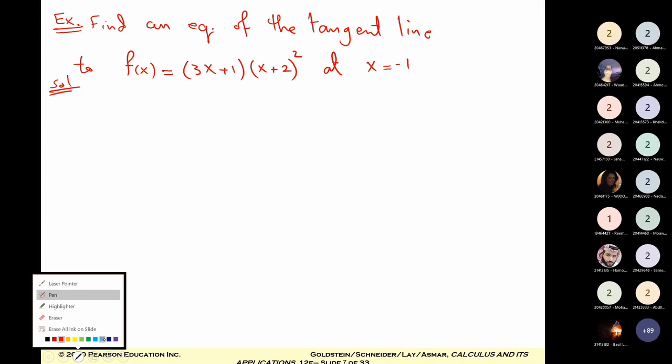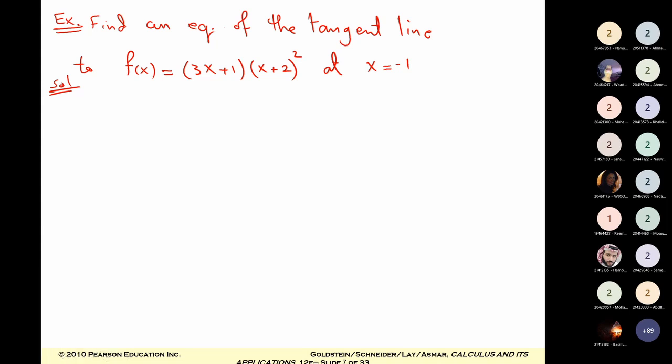To find the tangent line we need what? We need two values. Okay, we have 3 steps, but we need to find 2 values: the slope and what?